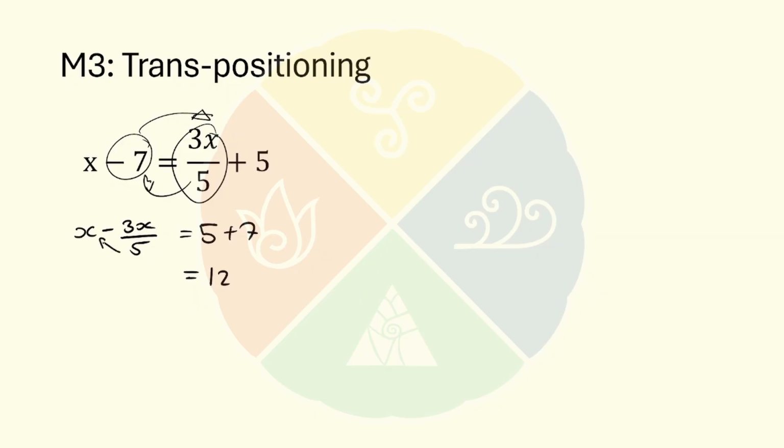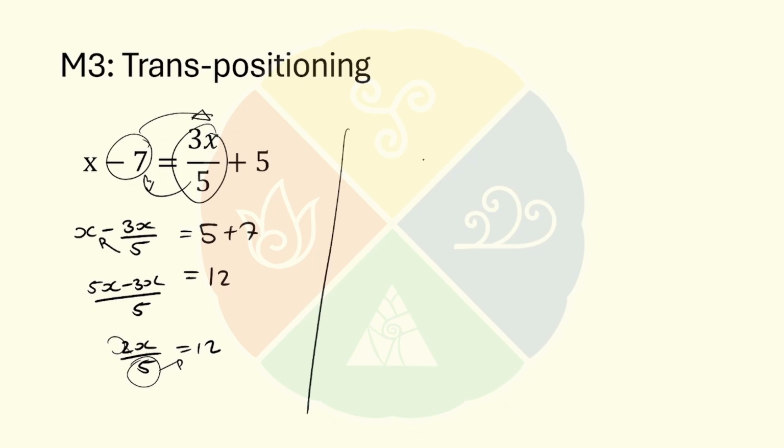Here you have to do cross multiplication. That is 5x minus 3x by 5. So 5x minus 3x is 2x by 5 is equal to 12. Now this 5 will become multiplication, 2 will become division. So you will get x is equal to 12 into 5 by 2. And that is 6. 6 into 5 is 30. Simple.